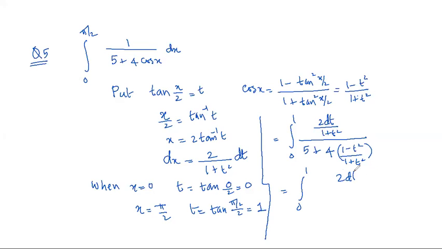So when you take LCM, 1 plus t square will get cancelled, but cancellation is possible only after LCM. Those who have practiced well, for them this will be just mental calculation. And finally you get 0 to 1, 2 upon 5 plus 4 minus 4t square, that is t square plus 9.